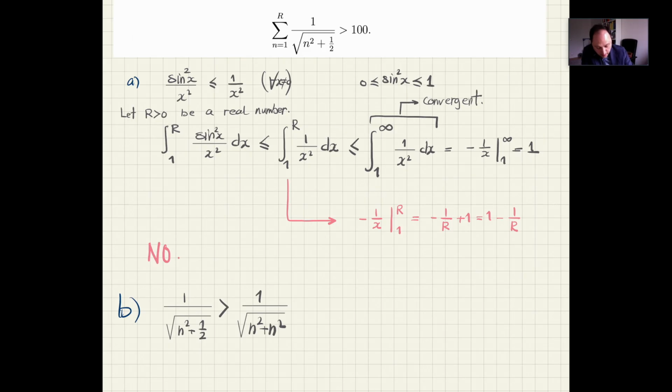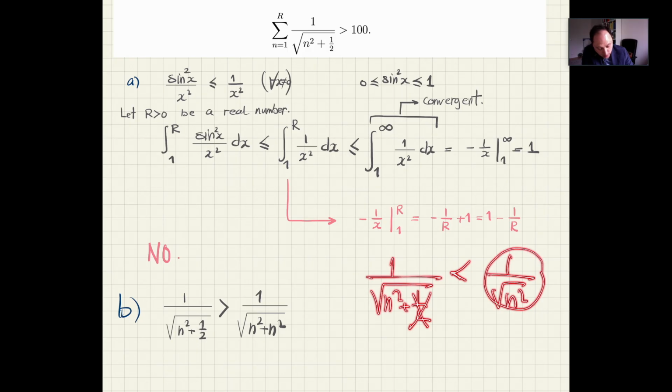Yes, do you agree? Because I want to get rid of this. Unfortunately, if I just eliminate this, I cannot say this is bigger. This should be smaller than this. And then this becomes 1 over n.